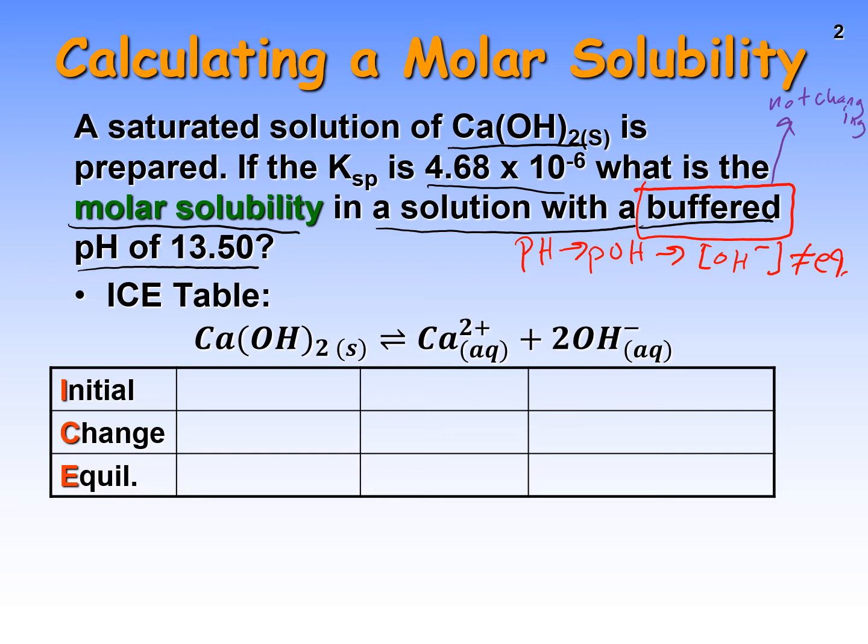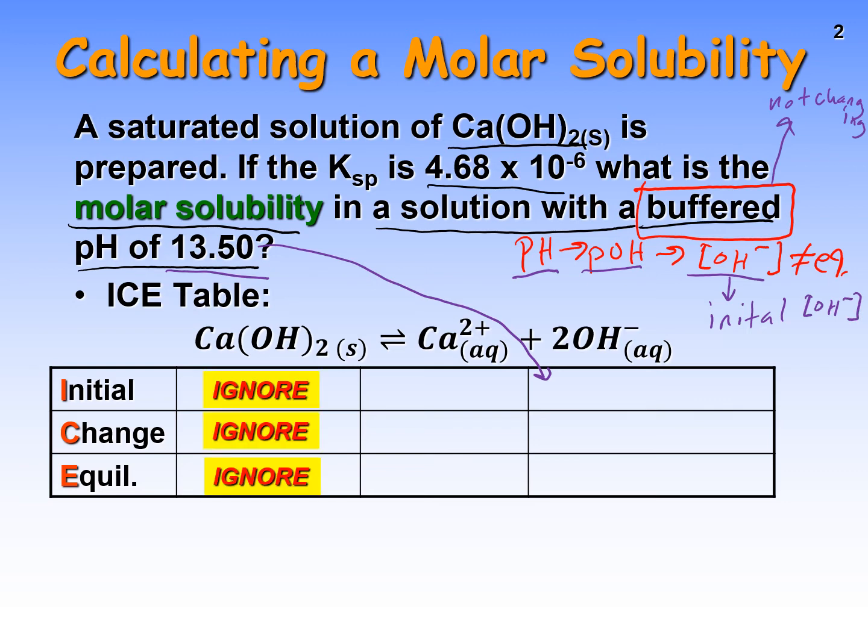Which means this pH that we're going to use is going to go into our initial. So again, we're still going to do pH to pOH to OH minus, but this is your initial OH minus concentration in this case. So if we set up this problem as we've done, we again don't care about calcium hydroxide because it's a solid.